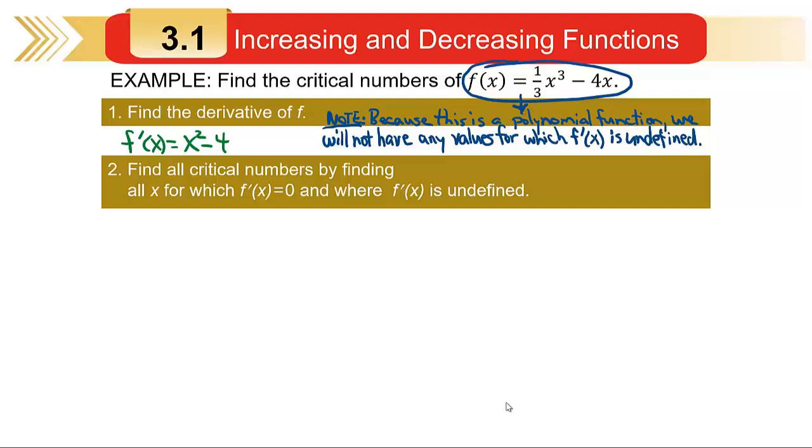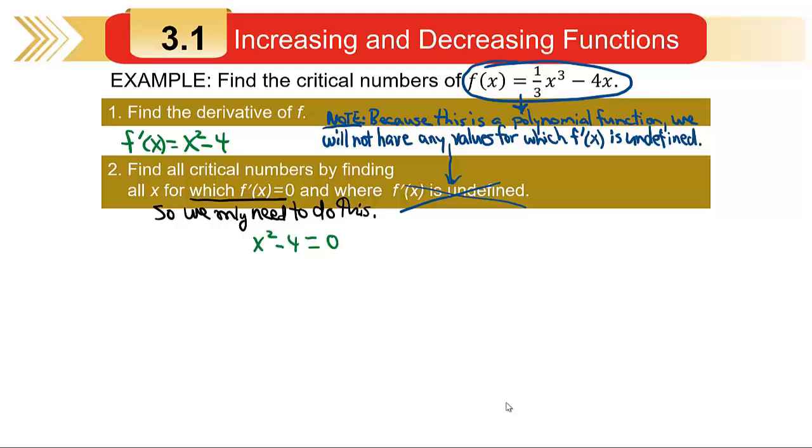So there will never be undefined values for the derivative of a polynomial function. So anytime you're asking about critical numbers for a polynomial function, you really don't have to worry about any undefined derivative values. You only have to worry about the places where the derivative is 0. That's true for all polynomial functions, not for all functions, but for all polynomial functions. Sometimes we will have to deal with the derivative being undefined, and we'll get to an example of that shortly.